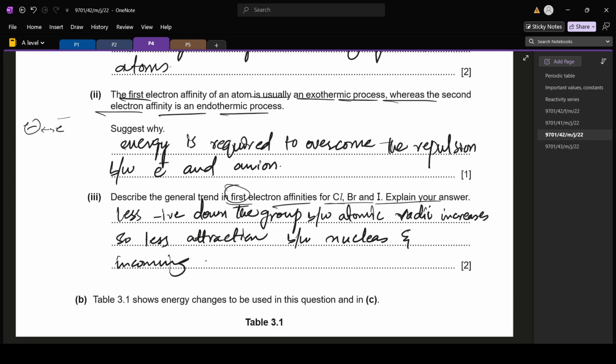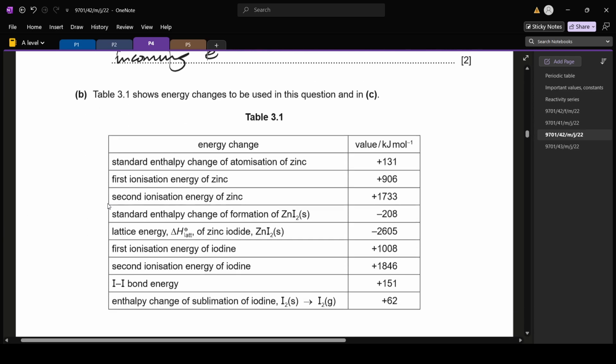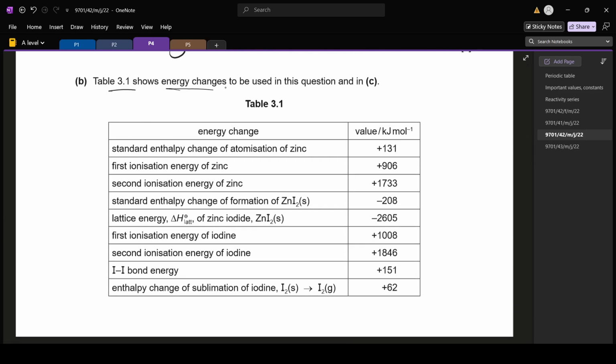That's the reason. Moving towards part B, table 3.1 shows the energy changes to be used in this question and in part C.